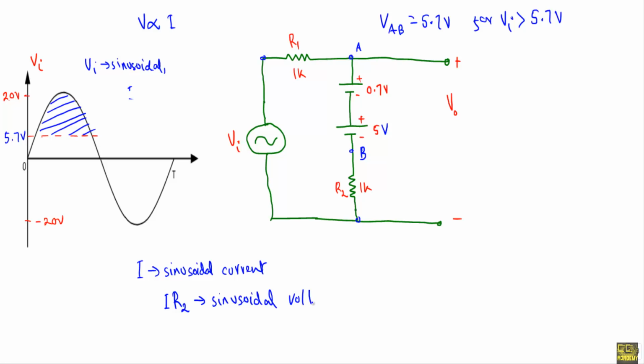That means when Vi is greater than 5.7 volt, our output voltage Vo will be a sinusoidal voltage.